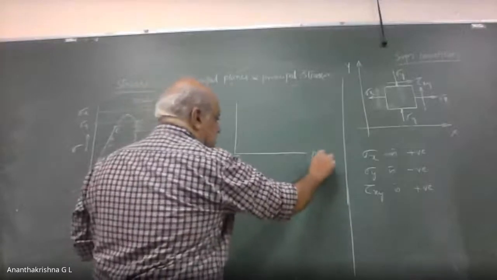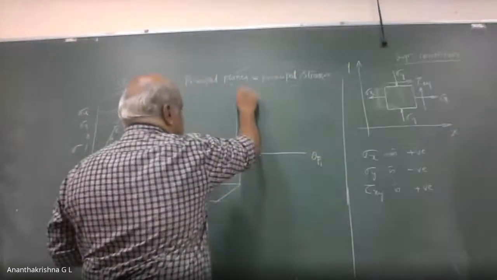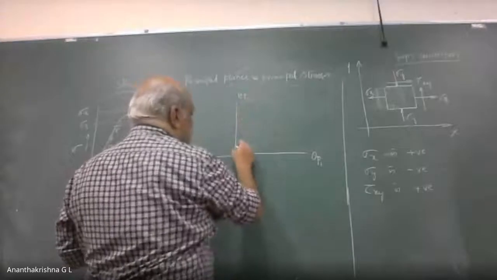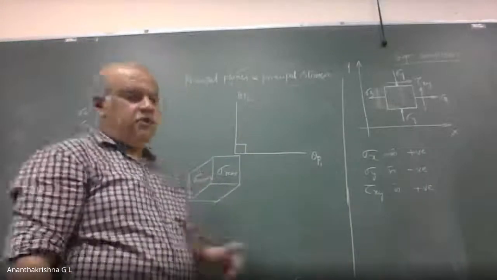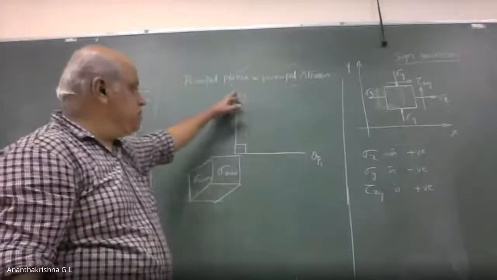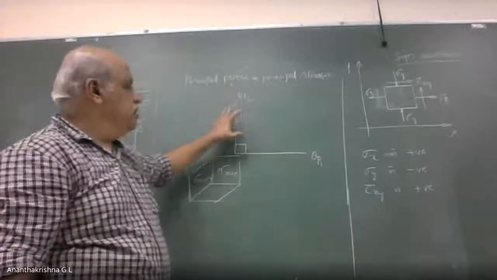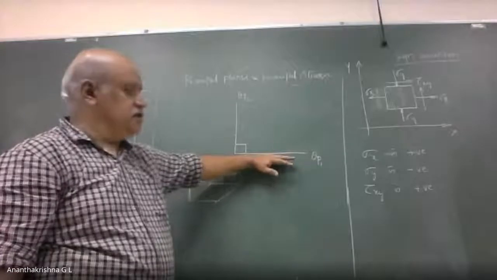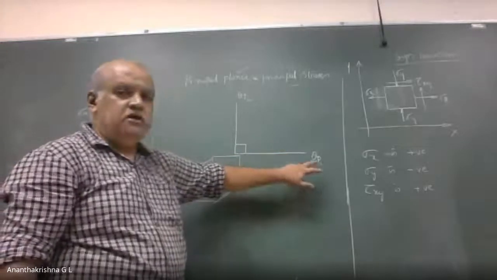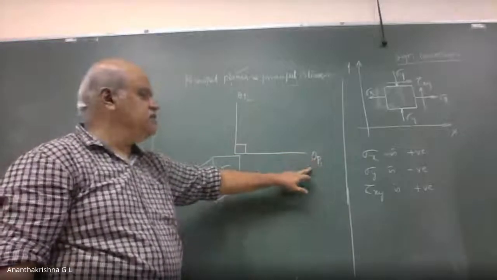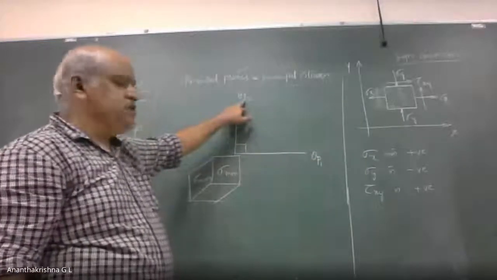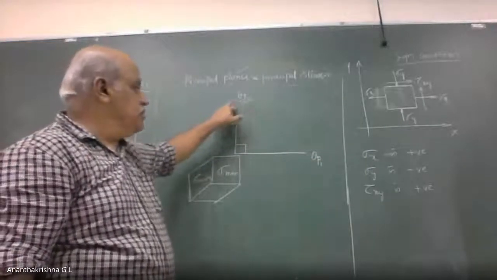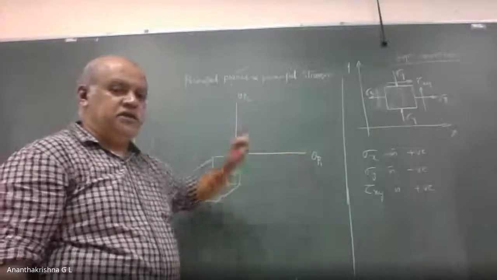If I take this as theta P1 and this as theta P2, they are at 90 degrees to each other. Principal plane 1 and principal plane 2 are at 90 degrees with each other.